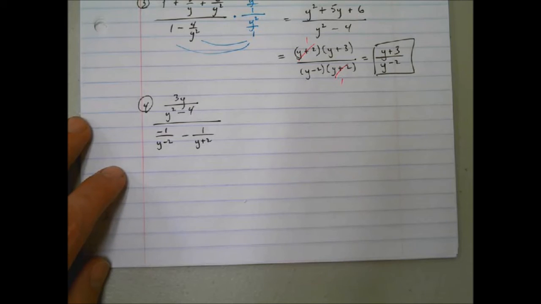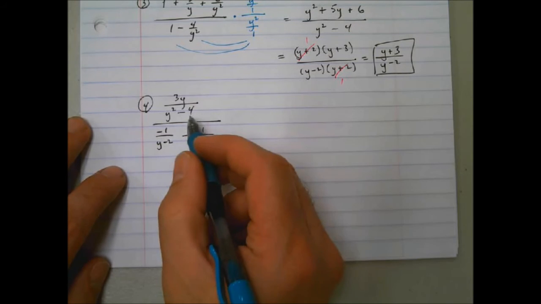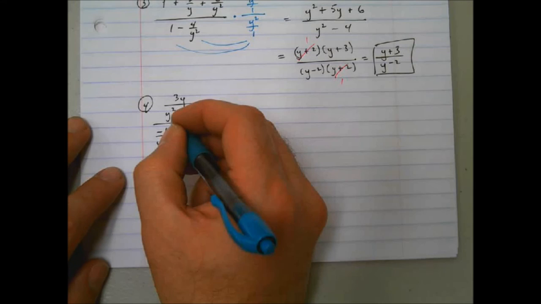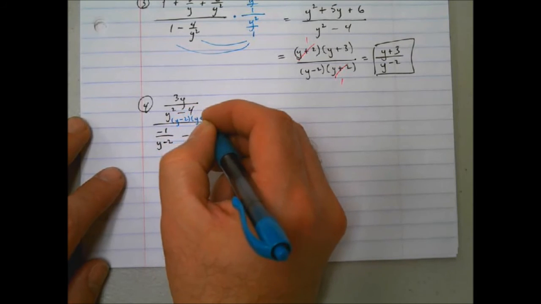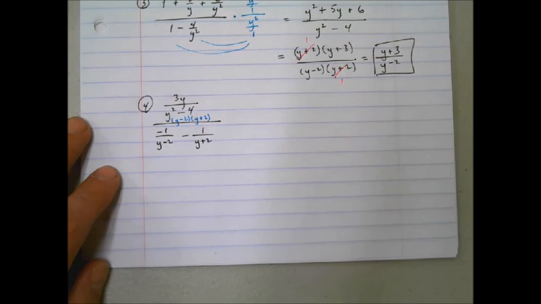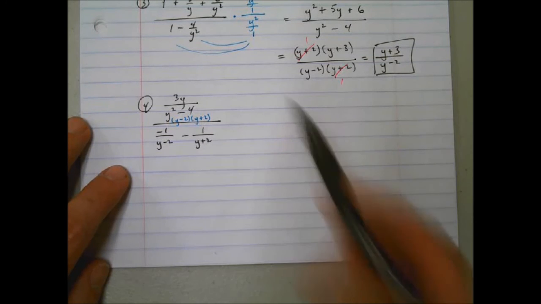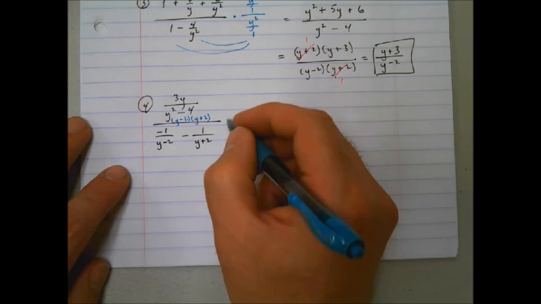So it's helpful to see things in the factored form. And so y squared minus 4, hopefully you're recognizing that very quickly. That's y minus 2 times y plus 2.